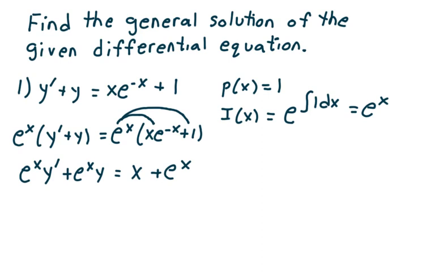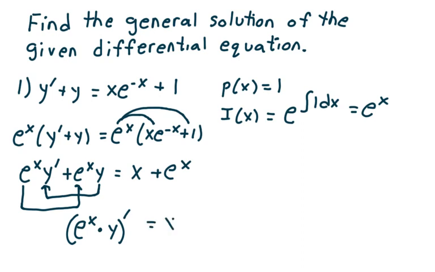E to the x times 1 is e to the x. Now, I want you to notice something. The derivative of y is y prime. That's over here. The derivative of e to the x is equal to e to the x. And so it's no accident. I'm going to write this as the derivative of e to the x times y on the left side. On the right side, we get x plus e to the x.